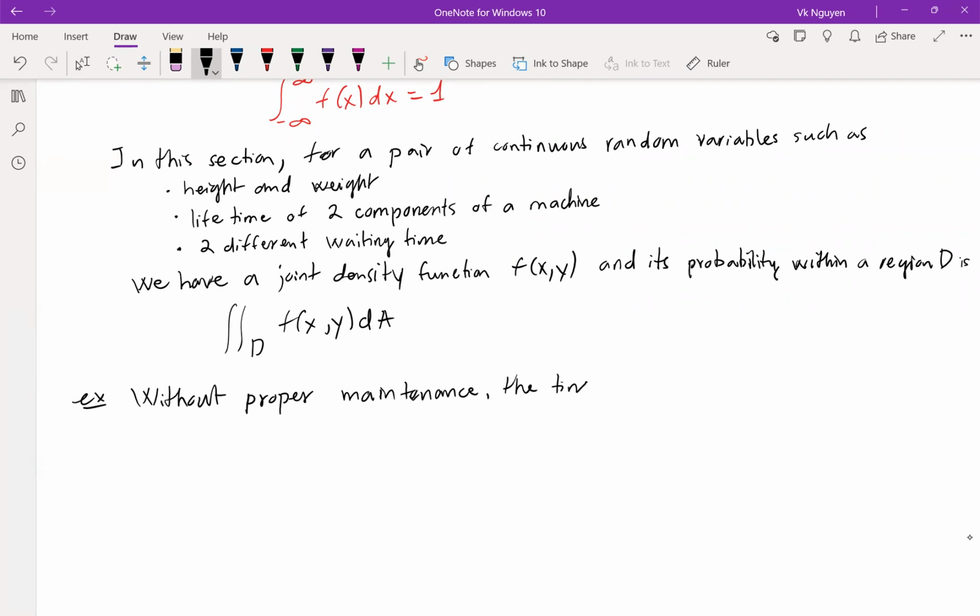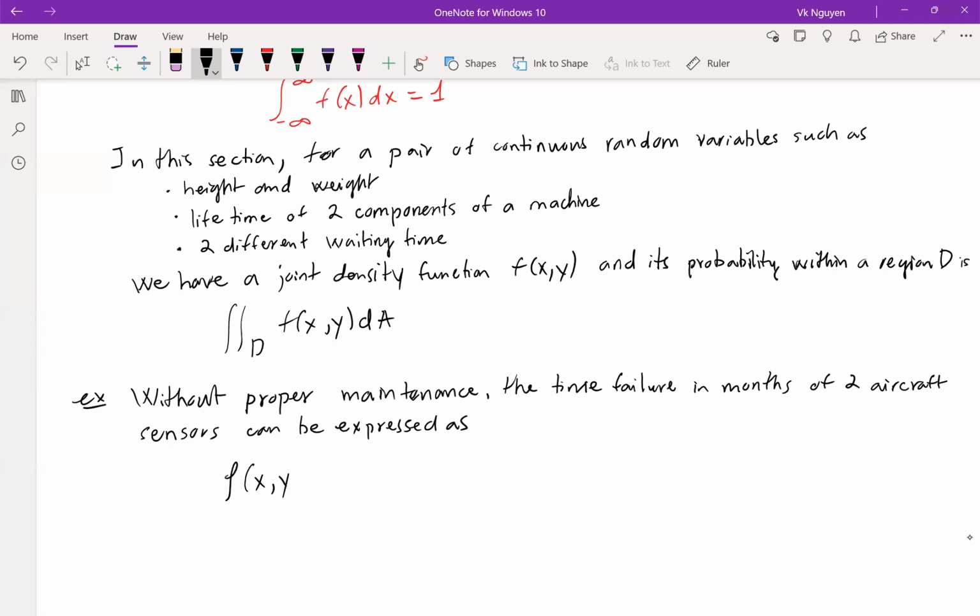The time to failure of two sensors on an aircraft can be expressed as this one. Rho xy, you know why rho? Because this rho is density. You can change this one to rho or f, but let's just use rho for density here.